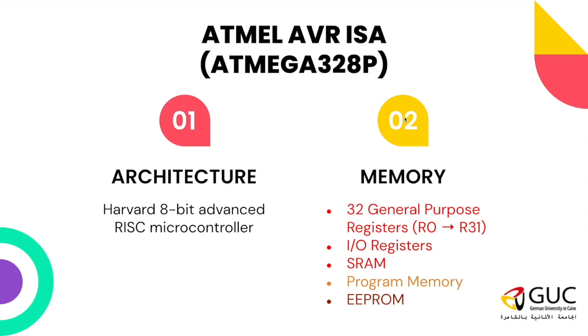Moving on, it's an advanced RISC microcontroller. If you remember the difference between RISC and CISC, RISC is reduced instruction set computer and CISC is complex instruction set computer. The difference is that RISC instructions are simple, perform simple operations and take fewer clock cycles.